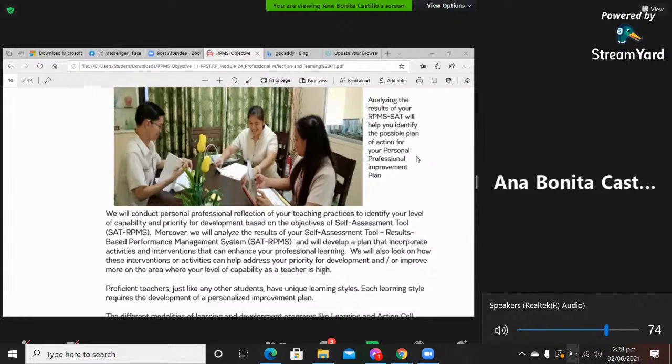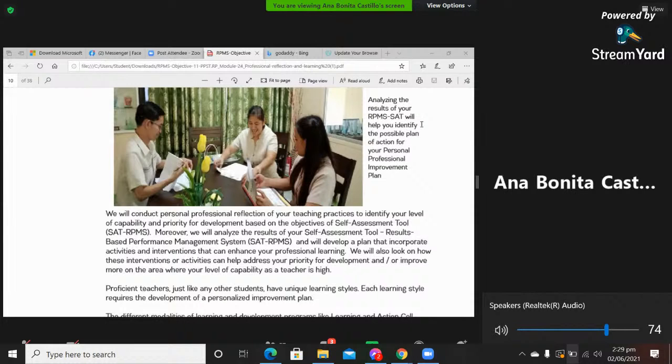We will also look at how these interventions or activities can help address your priority for development or improve more on the area where your level of capability as a teacher is high.